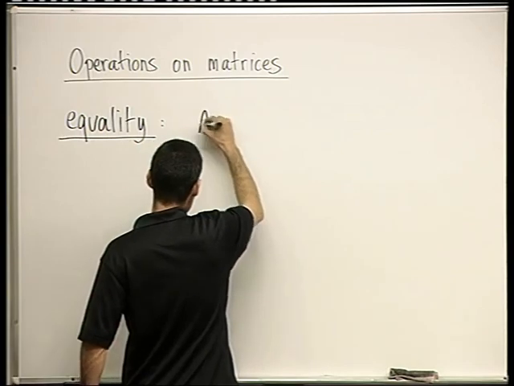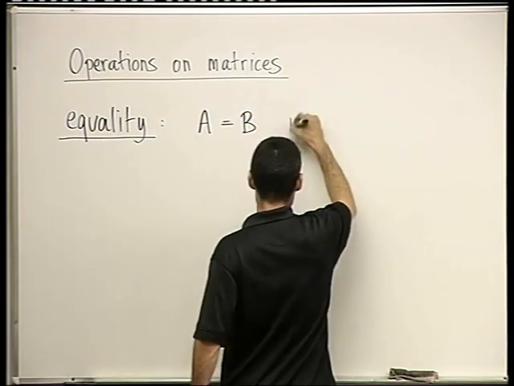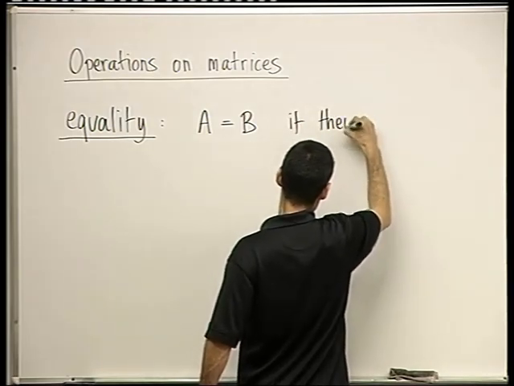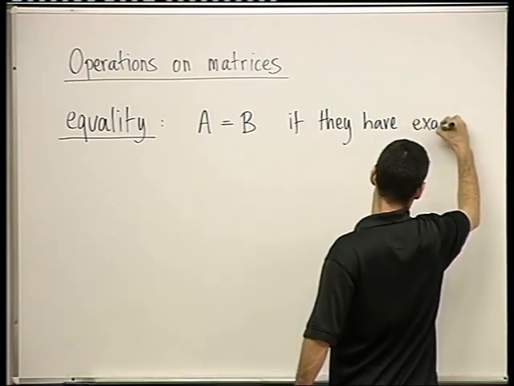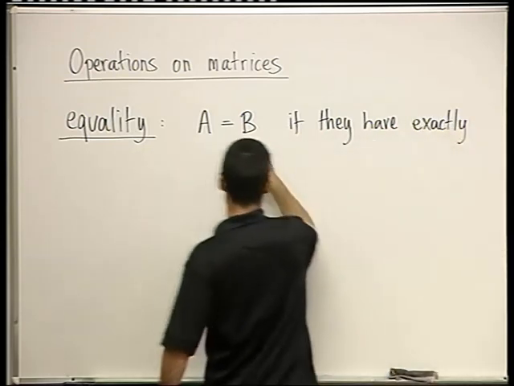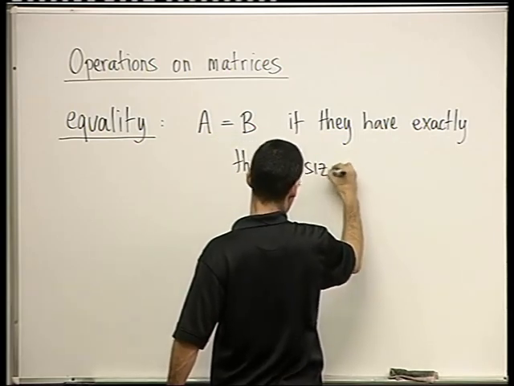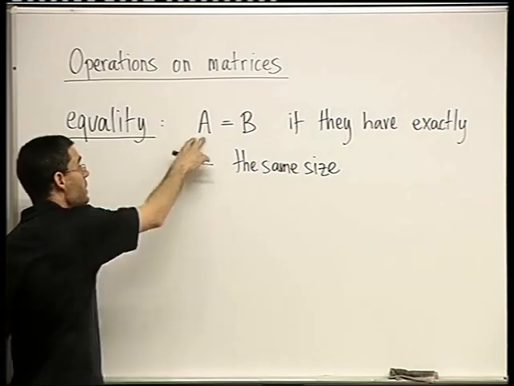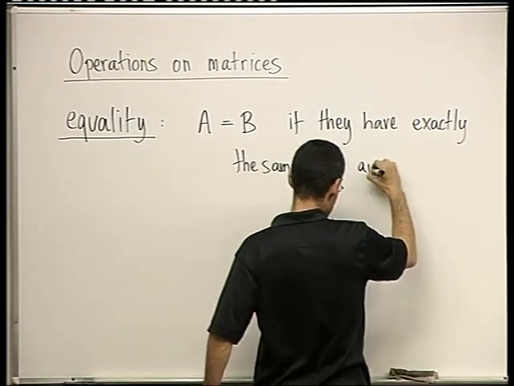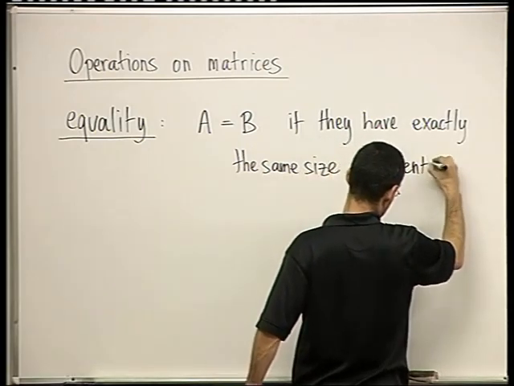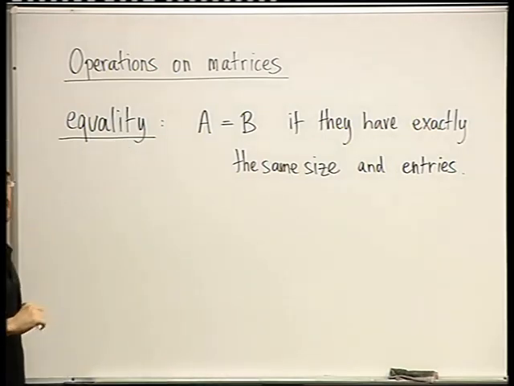So A equals B. Two matrices are equal if they have exactly the same size. So if A is m by n, then B has to be m by n, and the same entries. All the entries have to be the same, and their sizes have to agree.